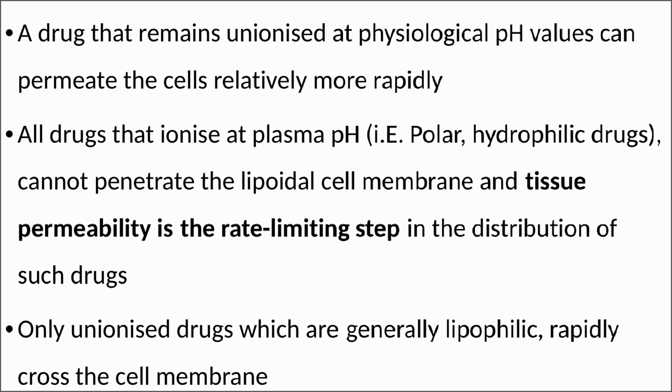Only unionized drugs, which are generally lipophilic, rapidly cross the cell membrane. That is what we have learned from the previous two points: a drug which remains unionized at physiological pH has greater access compared to a drug which goes into the ionization phase.